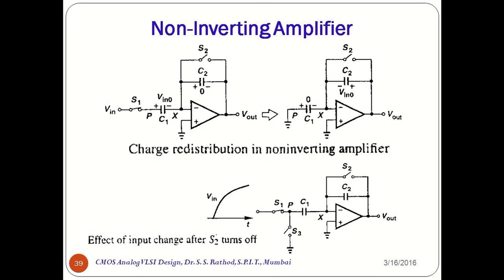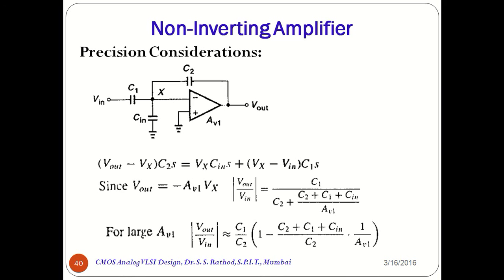Also, the total charge at node X must remain constant after S2 turns off. Thus, when node P is connected to ground and the circuit settles, the voltage across C1 and hence its charge are nearly zero. In other words, the output voltage is approximately equal to Vin0 C1 by C2, regardless of the intermediate excursions at node P.